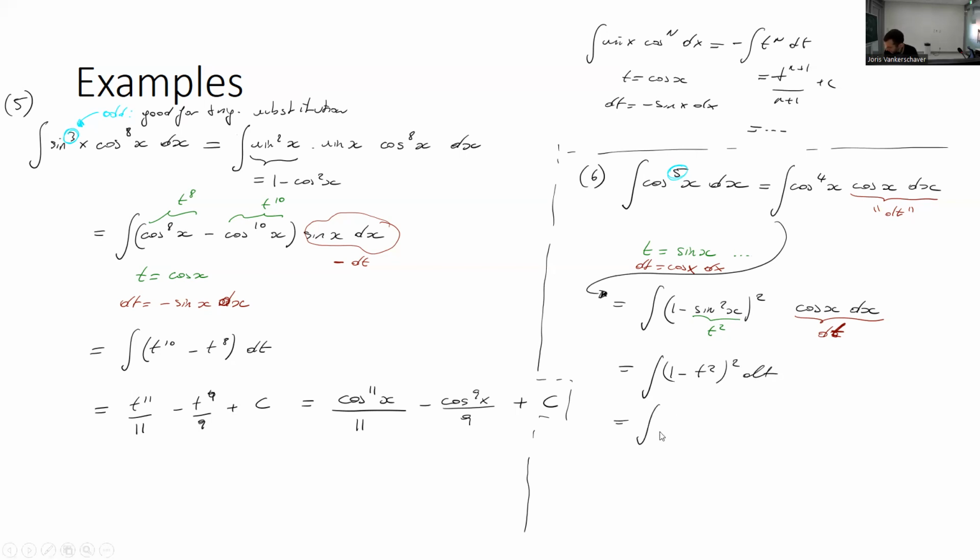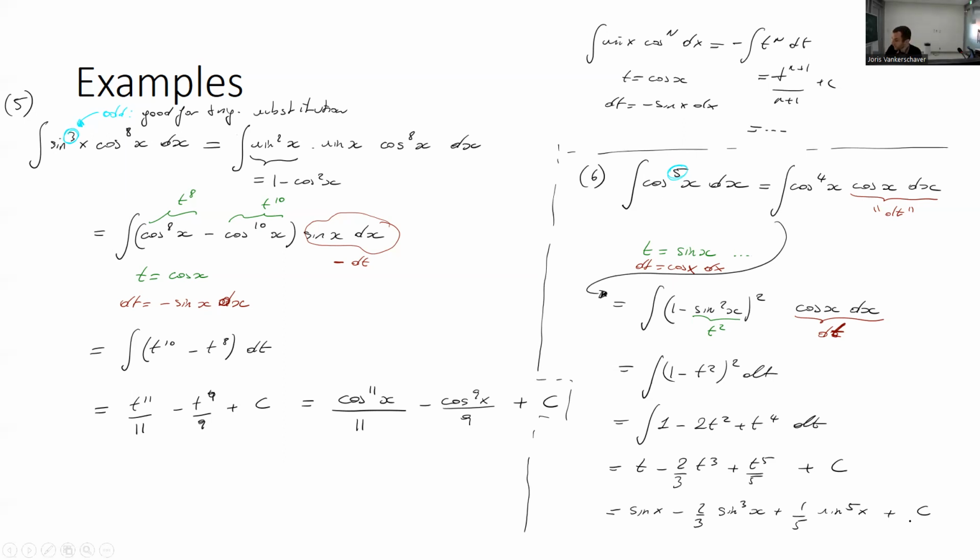And if I expand that, I get 1 minus 2t squared plus t to the power 4 dt. And then I can integrate to t minus 2/3 t to the power 3 plus t to the power 5 divided by 5 plus a constant. And now if I plug sine x in again, I get sine x minus 2/3 sine to the power 3 of x plus 1/5 sine to the power 5 of x plus a constant.